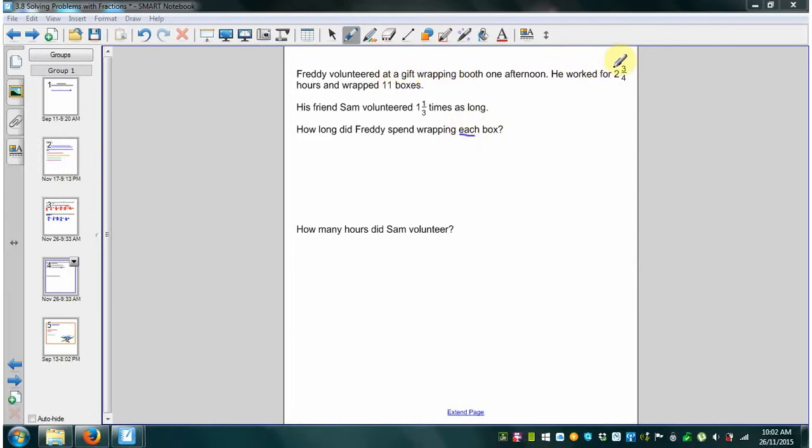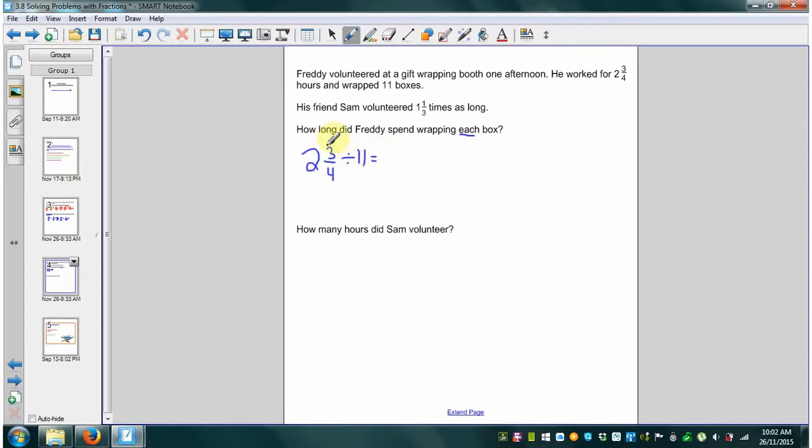So he worked for 2 3/4 hours and wrapped 11 boxes. So what we're going to do is take our time and divide that by 11. So 2 3/4 divided by 11. So we have a mixed number now divided by a whole number.